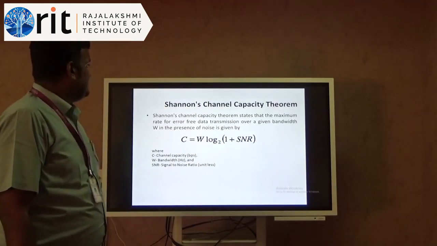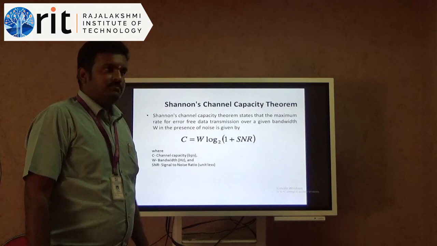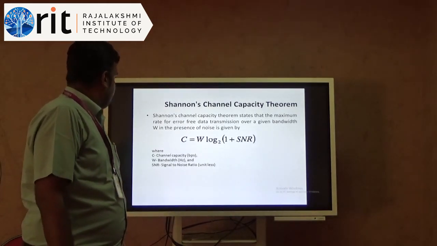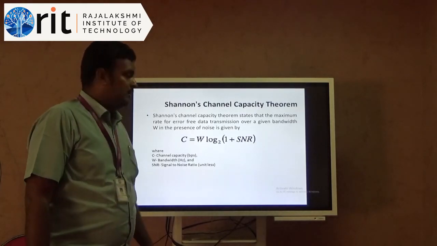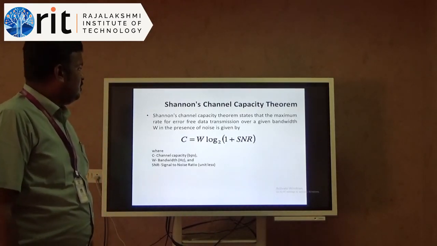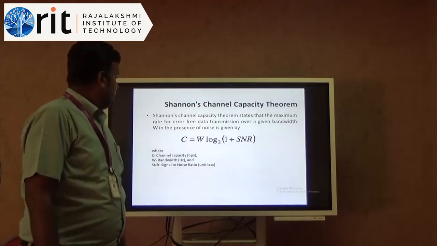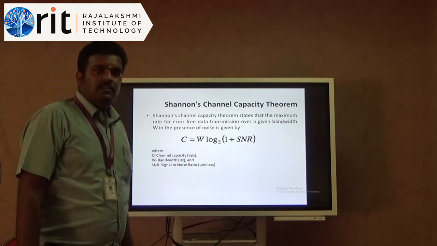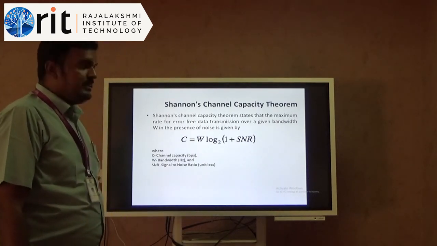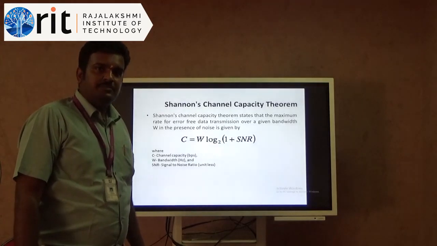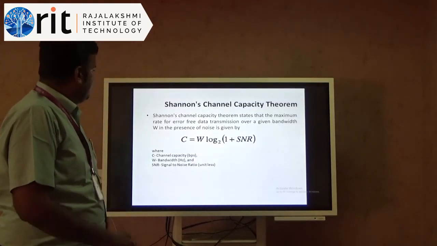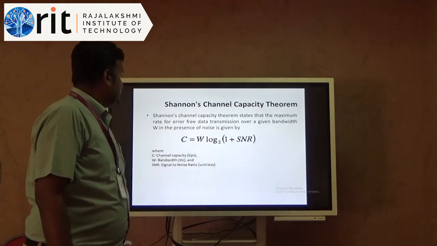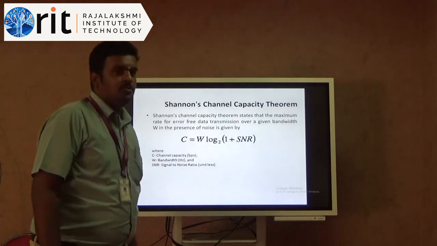Shannon's channel capacity theorem states that for errorless data transmission for a given bandwidth W in the presence of a noisy channel, the capacity is given by C = W log(1 + SNR), where W corresponds to the bandwidth, measured in hertz, SNR is a dimensionless quantity, and C is the data rate, measured in bits per second. From this equation, the channel capacity is directly proportional to the bandwidth W and directly proportional to SNR.